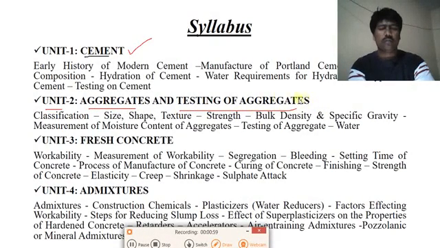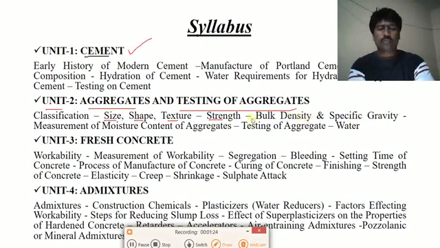In unit 2 we are going to learn mainly the classification of the aggregates based on their size, shape and texture, and also based on their strength, bulk density and specific gravity.